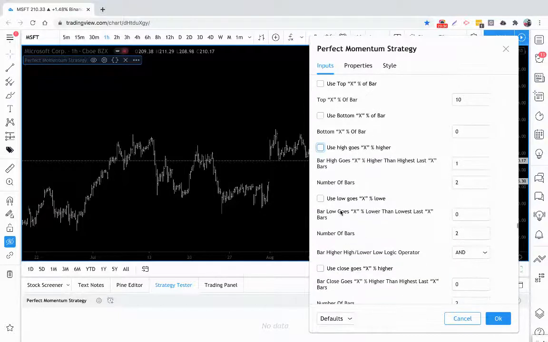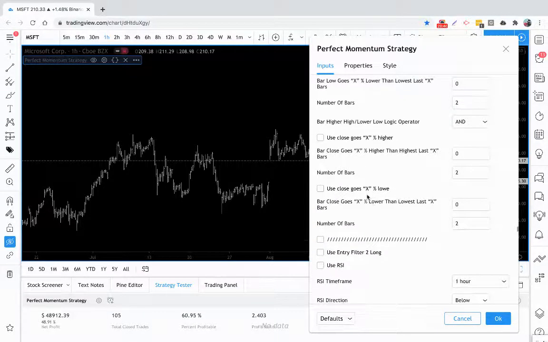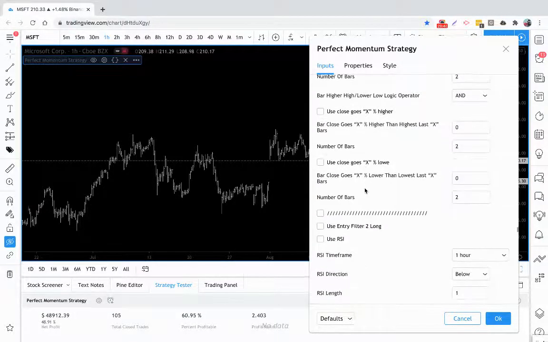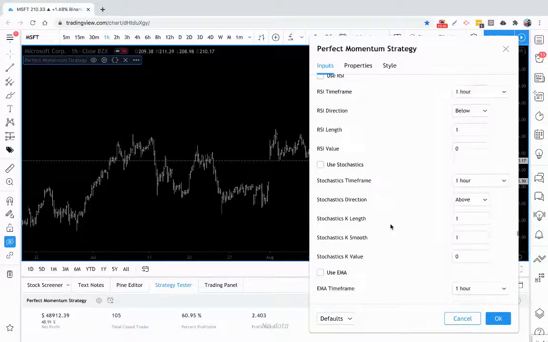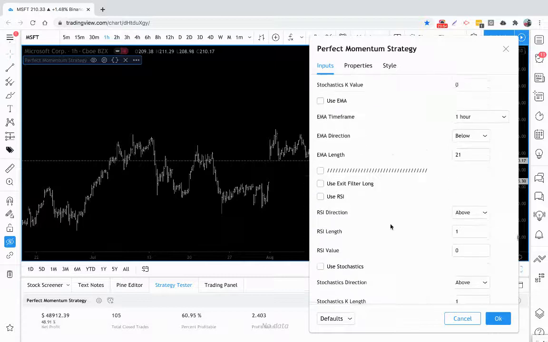We can do the same thing for bar lows go lower, where the bar closes goes a certain percentage higher than the last bar, and same thing with bar closes go lower. And then you have here an exact copy of the first entry filter, so you could use this for a higher time frame.